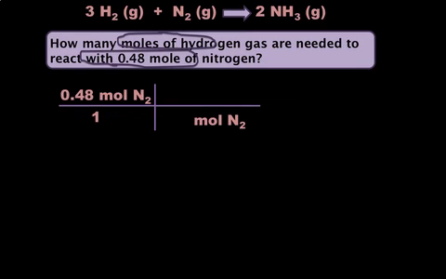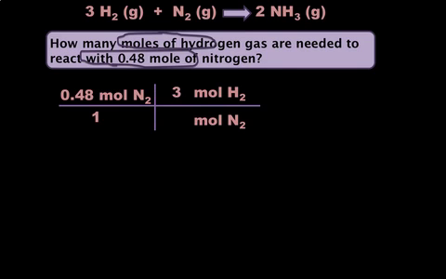The given is already in moles, so that was the first step. I want to change it into moles of hydrogen, so I'm going to put moles of hydrogen on top, and it's really important that you use your labels here, because otherwise it can get very confusing. We can find the numbers to use just by looking at our balanced equation. We're going to use the coefficients. In front of the hydrogen there's a 3, so I'm going to put a 3 in my equation.